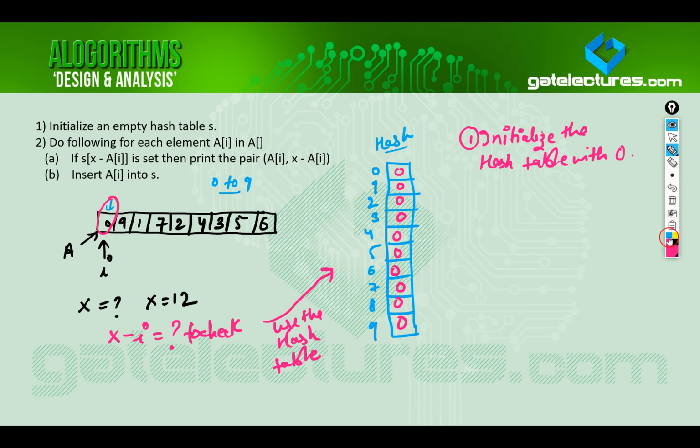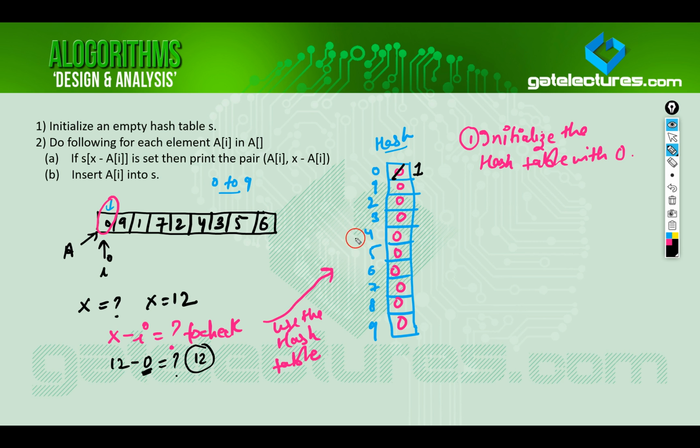Now let me check the first value, which is represented by I and is equal to 0. So we take 12 minus 0. Does this number 12 exist inside this hash table? No, it does not exist. So we put that yes, 0 existed, and we put 1 here.